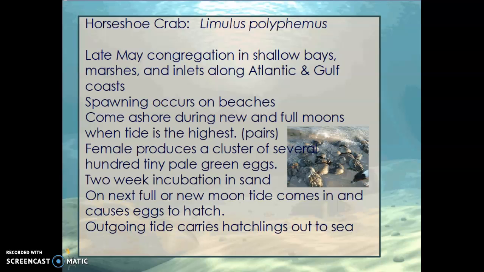They incubate in the sand for 2 weeks. Remember, that's when the tide is the highest, so technically the water shouldn't reach the eggs until the next new or full moon comes along 2 weeks later. Okay, and that gives them enough time to hatch, and then the tide carries the new little horseshoe crabs with them. Okay? All right, so that's it for tides today.